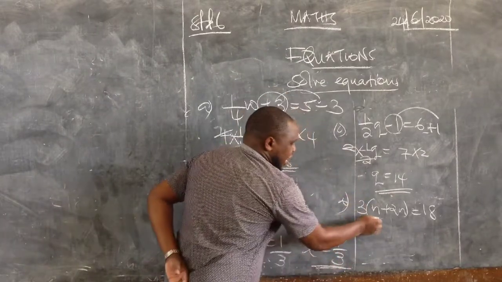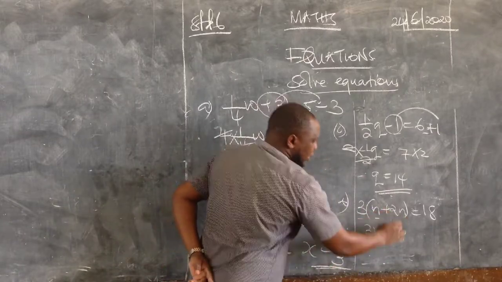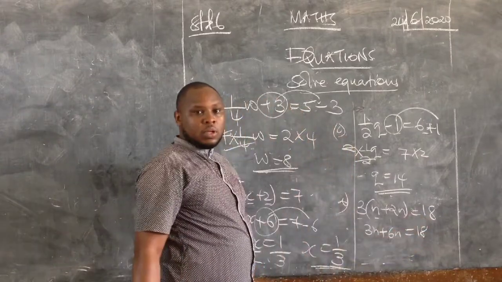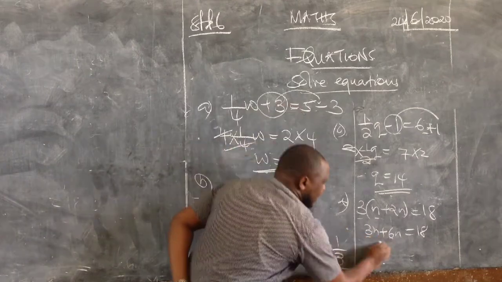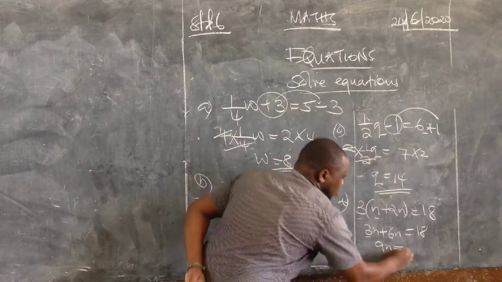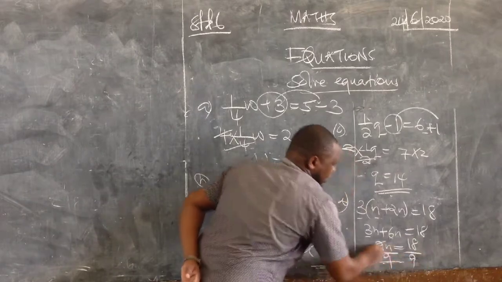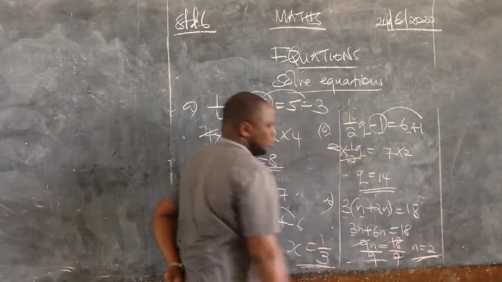So 3 times n, you get 3n, plus 3 times 2n is 6n, is equivalent to 18. From there, learner, we put them together. 3 plus 6 is 9n, is equal to 18. Divide by 9, divide by 9. So the value of n is 2. So n is equal to 2.